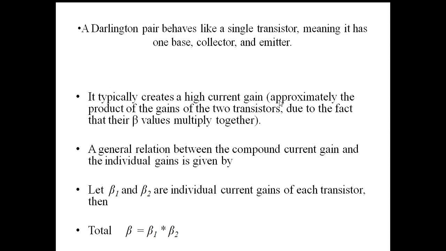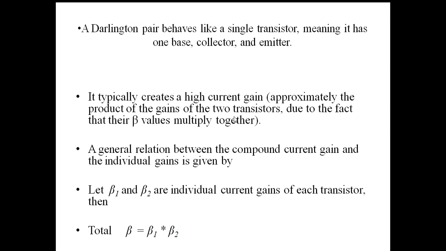How? The current gain of the first transistor, since it is common collector, is 1 and it is connected to the second stage. So the first stage transistor gain and second stage transistor gain are multiplied, therefore it may be increased. Therefore it is used for high current gain applications.